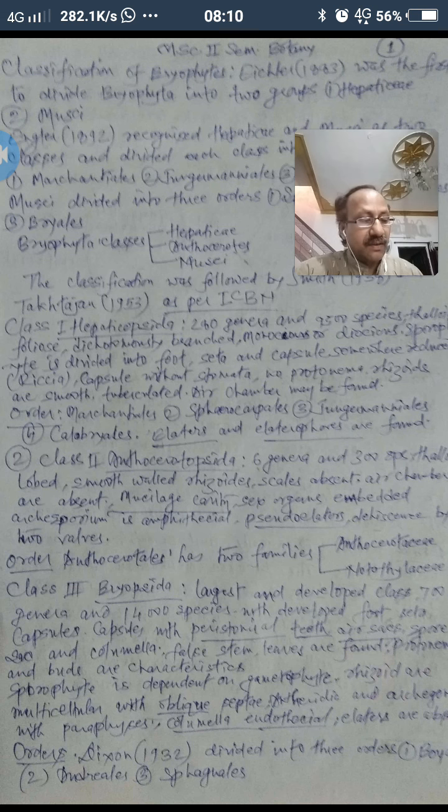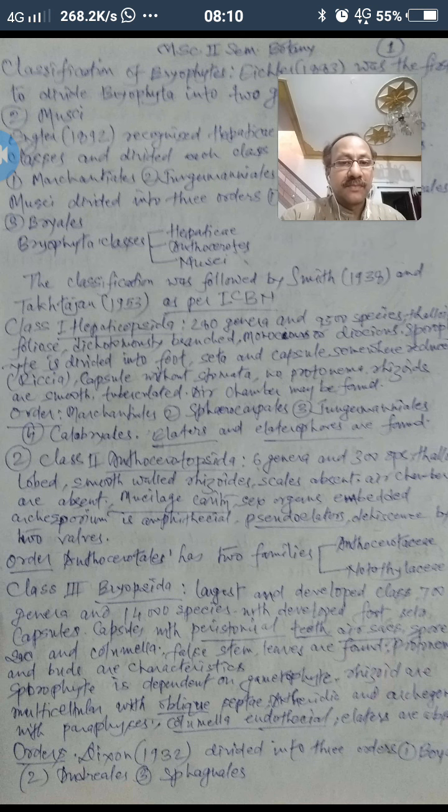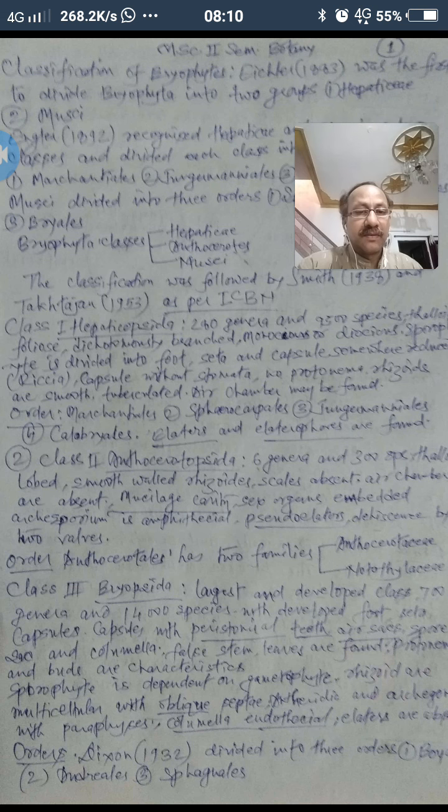Sex organs are embedded. The archesporium is endothecial. Pseudoelaters are found. Dehiscence is by two walls. Order Anthocerotales has two families, Anthocerotaceae and Notothyladaceae.